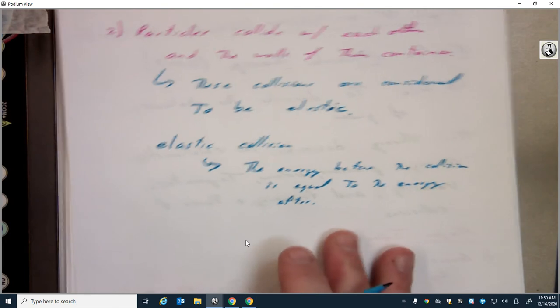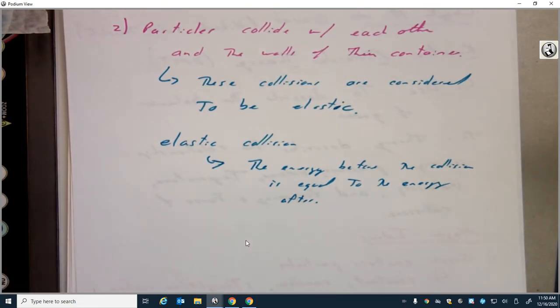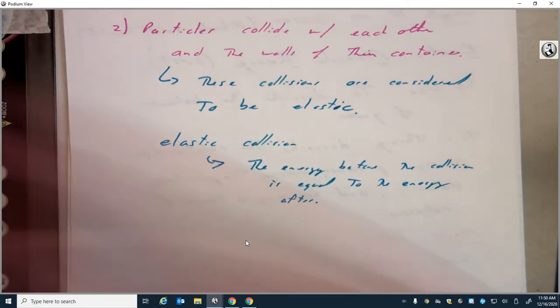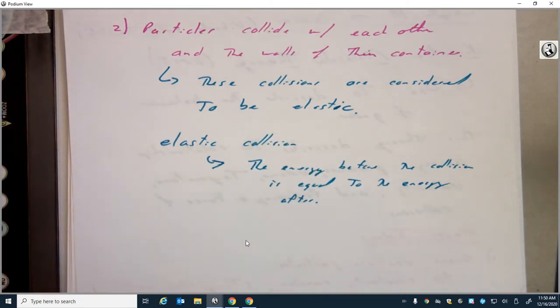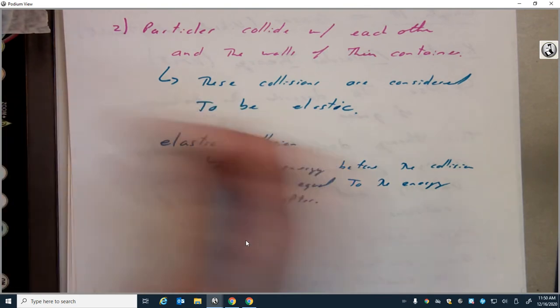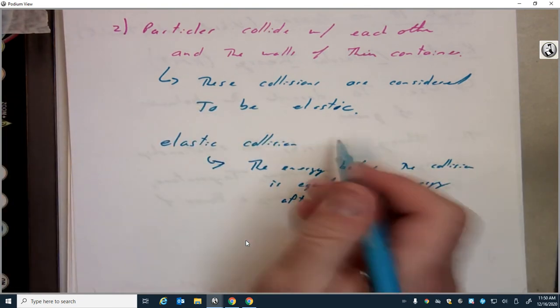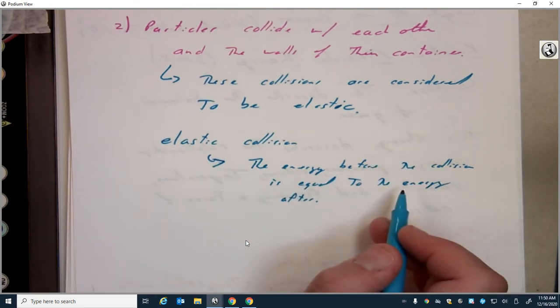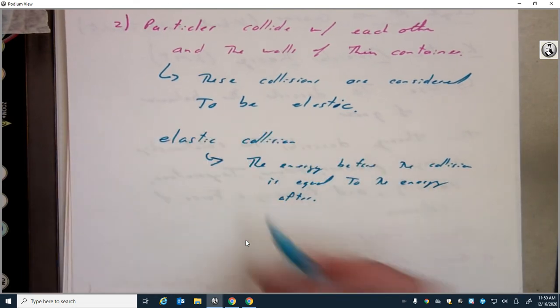Now let me give you a couple of examples. All right, so if I took one of my bouncy balls and I threw it against the wall, if that collision was completely elastic, it would have the same exact amount of energy before the collision as it does after. So my bouncy ball would have the same speed, same energy coming off the wall. So that's an example of an elastic collision.